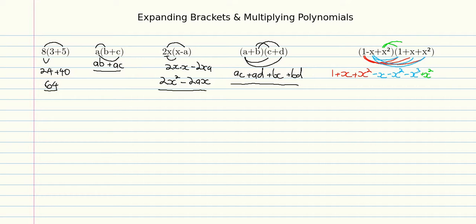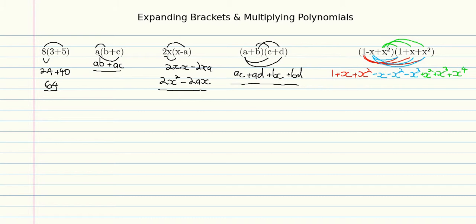Positive x squared times x is going to be positive x cubed. And finally, positive x squared times positive x squared is x to the power of 4. Okay, so let's go back to black.